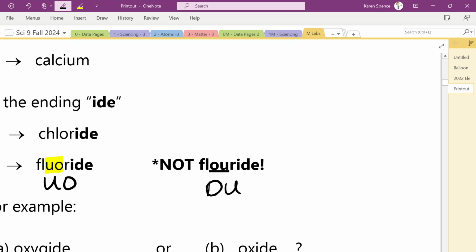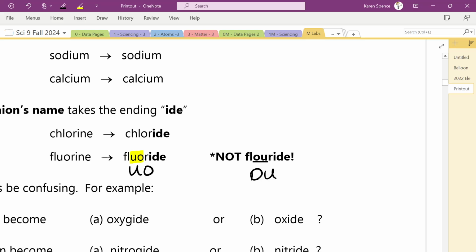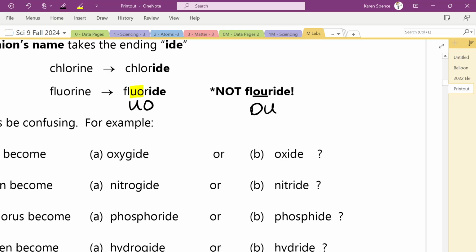The reason I'm picky about it is because it is actually written on your periodic table and you can just copy it. Now, I know there's a few people who have learning disabilities around mixing up the letters, and that's okay. We'll make exceptions for that, but most of you should be able to just copy it down correctly.